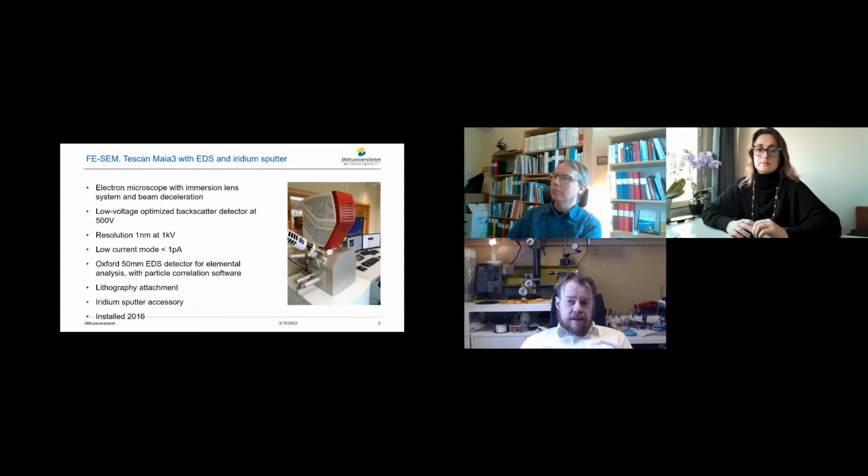It also has a lithography attachment, so you can do some nanoscaled electron lithography. And together with this machine, we have an iridium sputter for sample preparation. And this machine was installed in 2016.